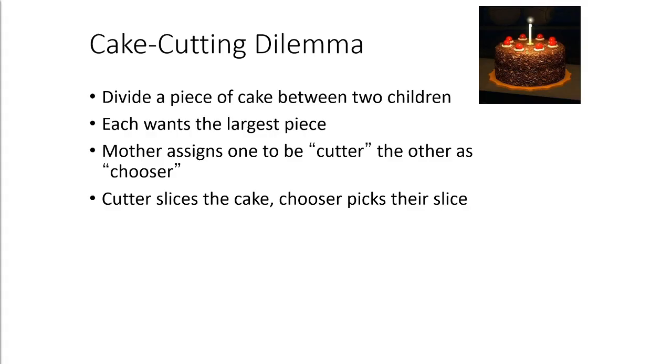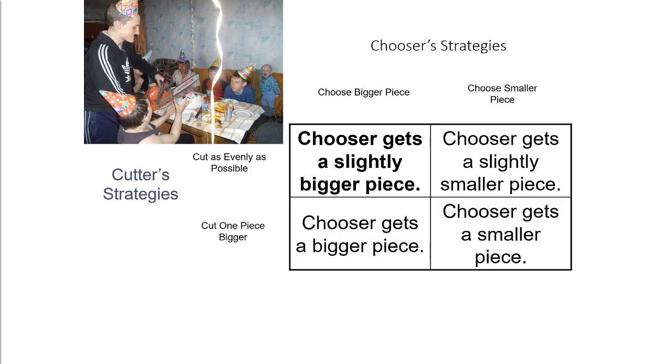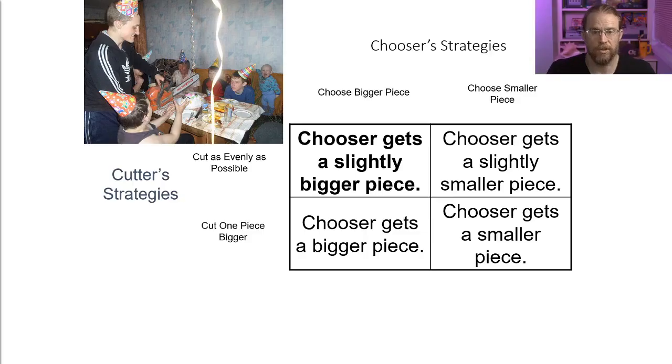This introduces opposed strategies for these two children. We've got the chooser's strategy and also the cutter's strategy. The cutter knows that the sibling who is choosing is looking out for their own best interest, which is to get the biggest piece of cake. So they're aware of that, and their efforts in slicing the cake are to minimize the likely outcome.